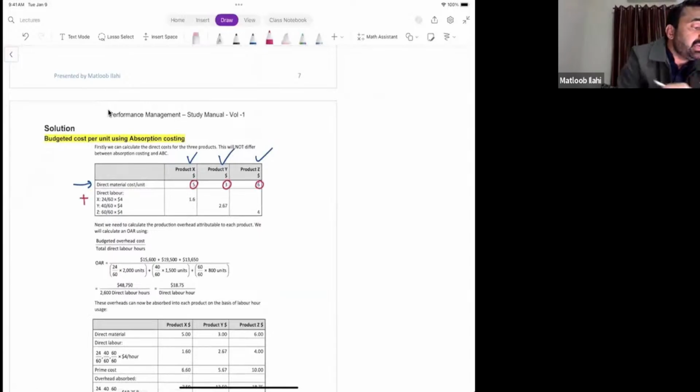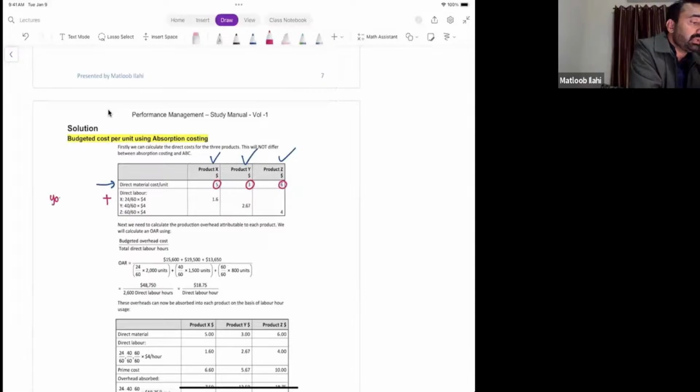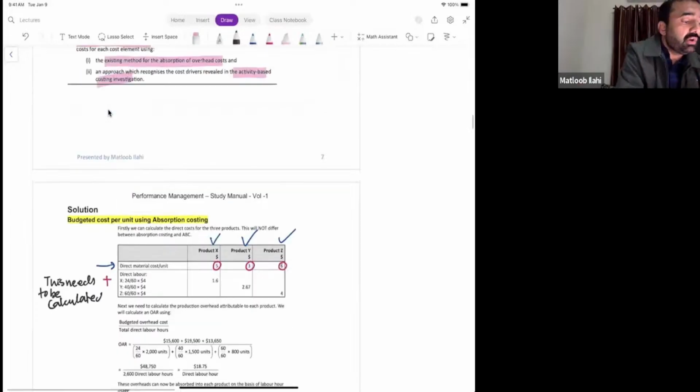Now you have to add the direct labor. Now, direct labor is not directly given. You need to calculate it. So how to calculate this?